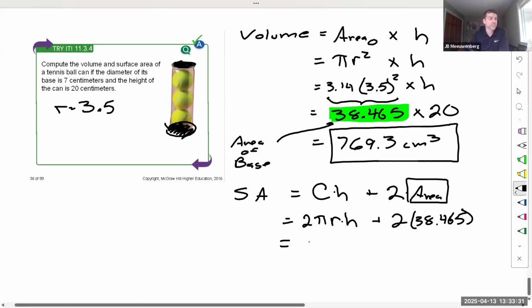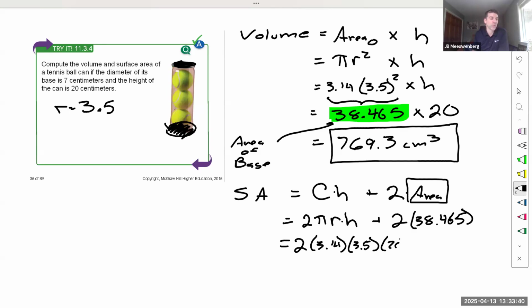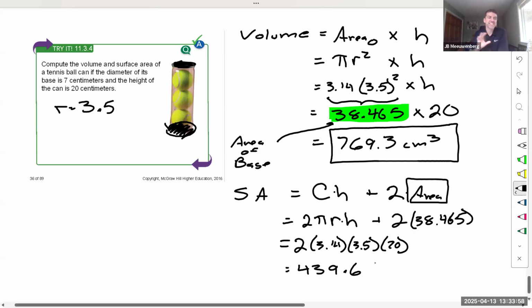For the first part, it will be 2 times 3.14 times that radius of 3.5 times the height of 20. If I calculate that, 2 times 3.14 times 3.5 times 20, we get 439.6. And this is area, so that's going to be centimeters squared.